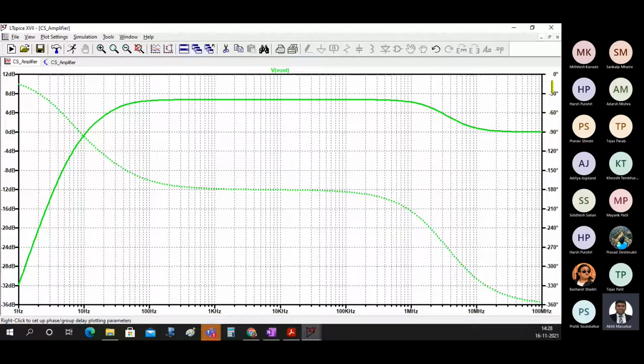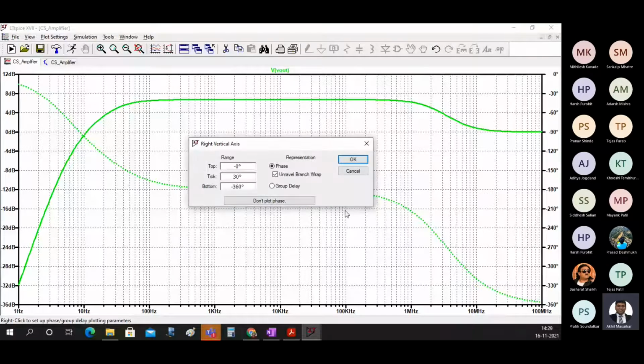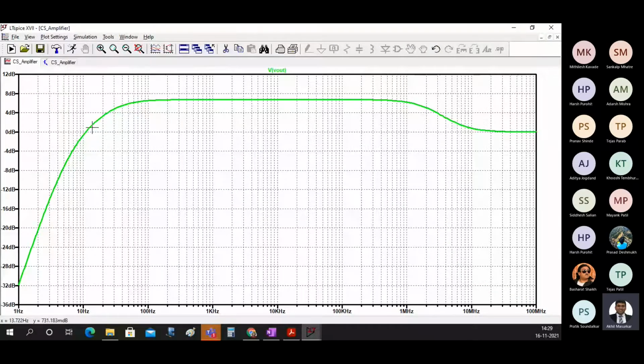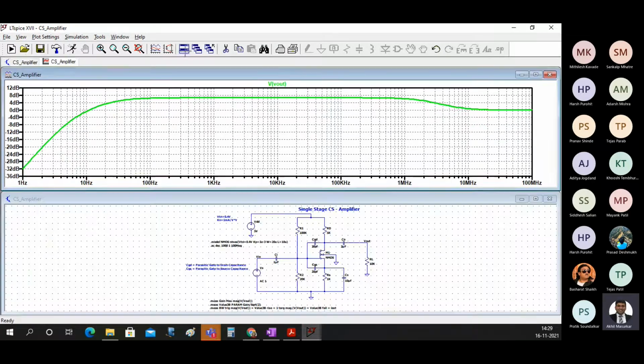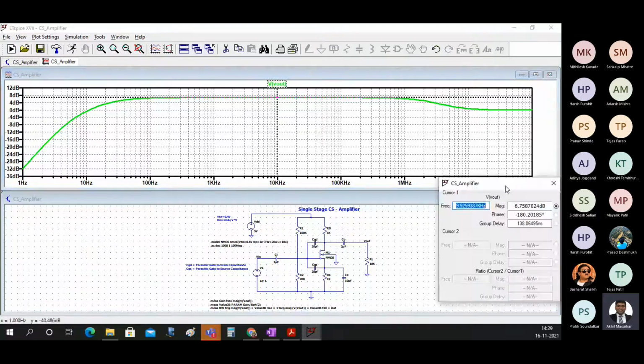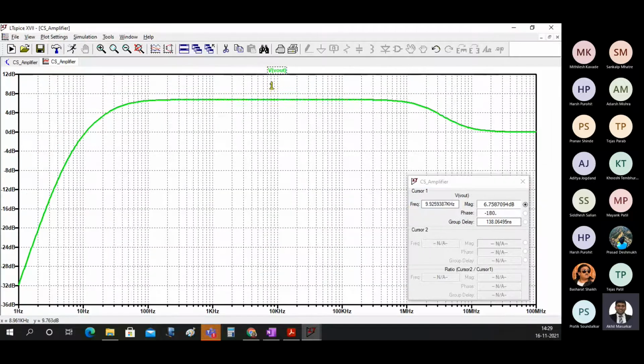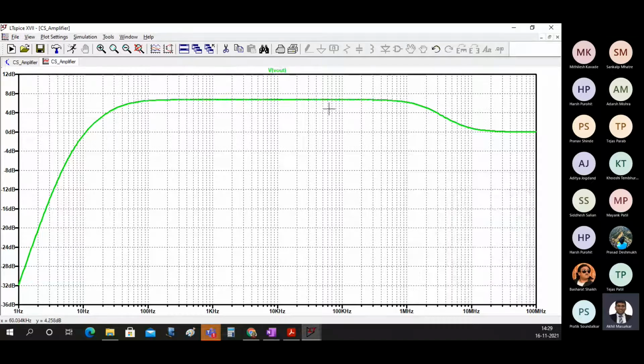Now I will right click on the rightmost axis, that is the phase axis, and I will say don't plot phase. So what you can see is the gain. Now the gain here, if you take the cursor, is 6.75 dBs.